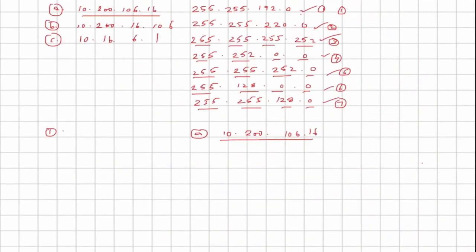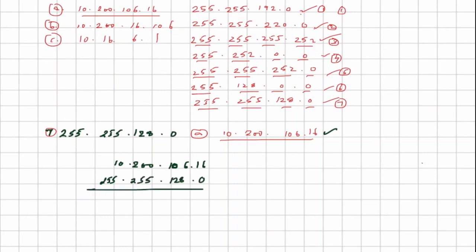Example 7, the same IP address, with subnet mask 255.255.128.0. Let us take this example and perform an AND operation to get the network ID for 10.200.106.16 with 255.255.128.0.